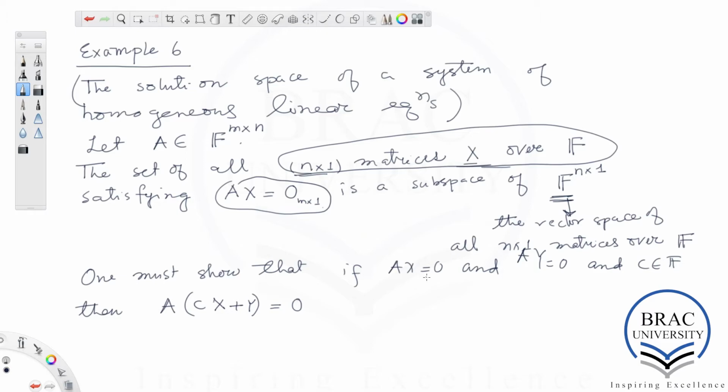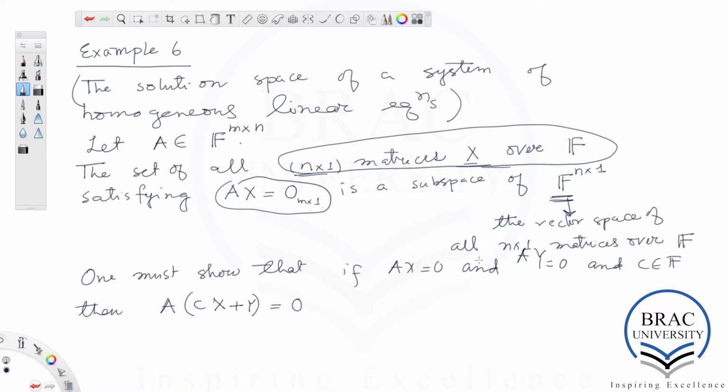So A acting on X results in the m times 1 zero matrix, and A acting on Y also results in the m times 1 zero matrix. For notational convenience, I have just written 0 here, but it means that we have an m times 1 zero matrix on the right side.